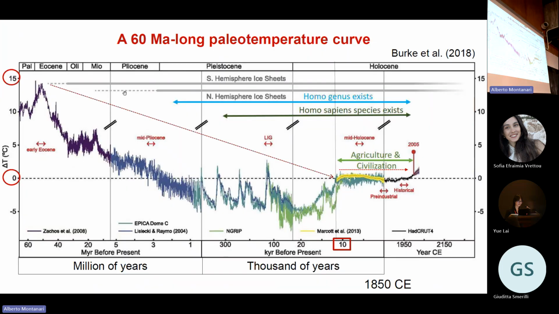This is a reconstruction that goes back from today up to 60 millions of years ago. So 60 millions is like 1/10 of the Smithsonian reconstruction with which I started today. Still, this is a reconstruction that was derived quite recently, but it was already considered a very long reconstruction.